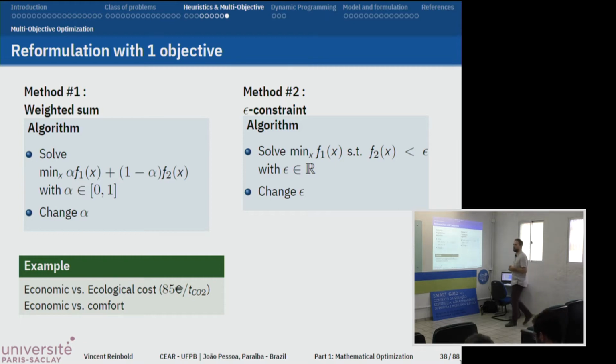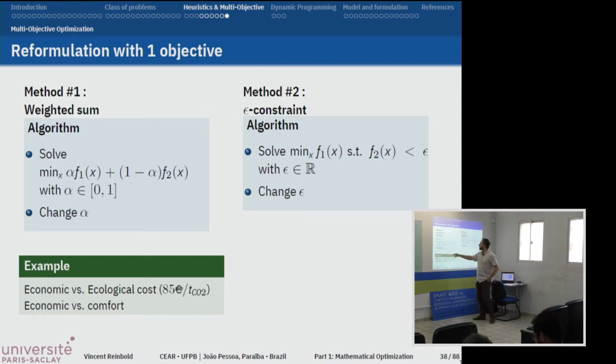Then I can say, let's say I put a price on the CO2, okay? And in Europe, I guess the price of the CO2 is quite low. It's 85 euros the ton. So I can say my final objective function will be the price of the system I want to build, but also the price of the CO2 it will be emitting, okay?